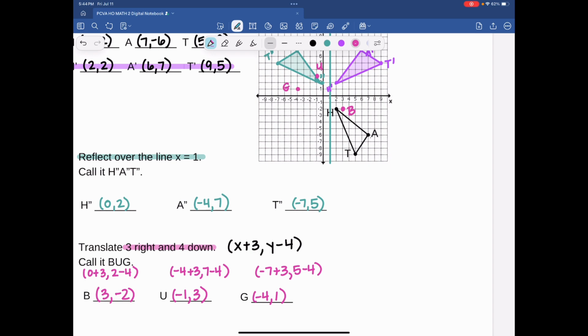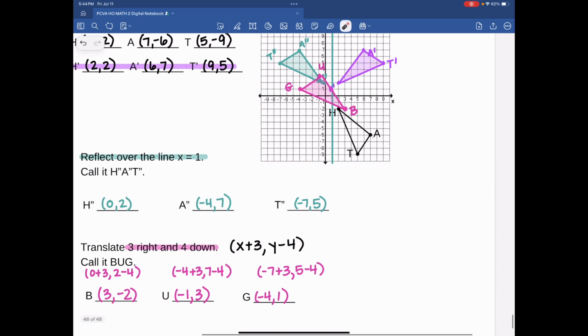That's going to be my G. So if I connect all of these, I can see that if I go from the T to the U, I've gone down 4 and right 3.